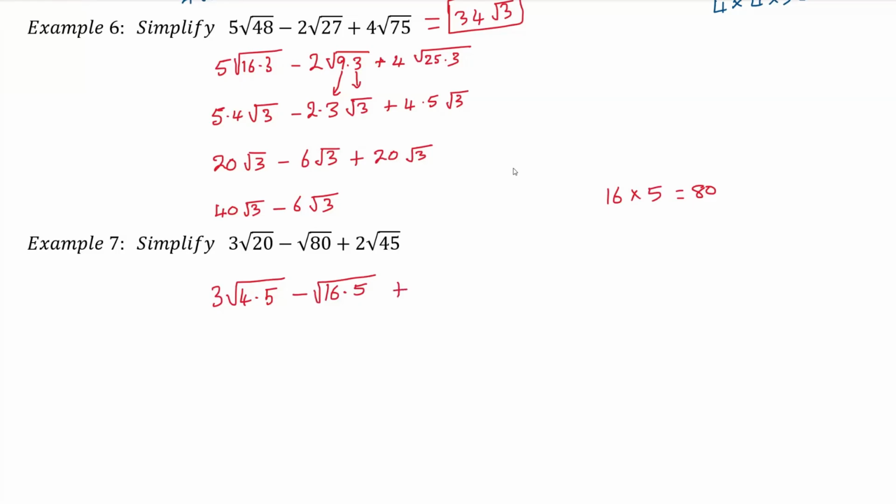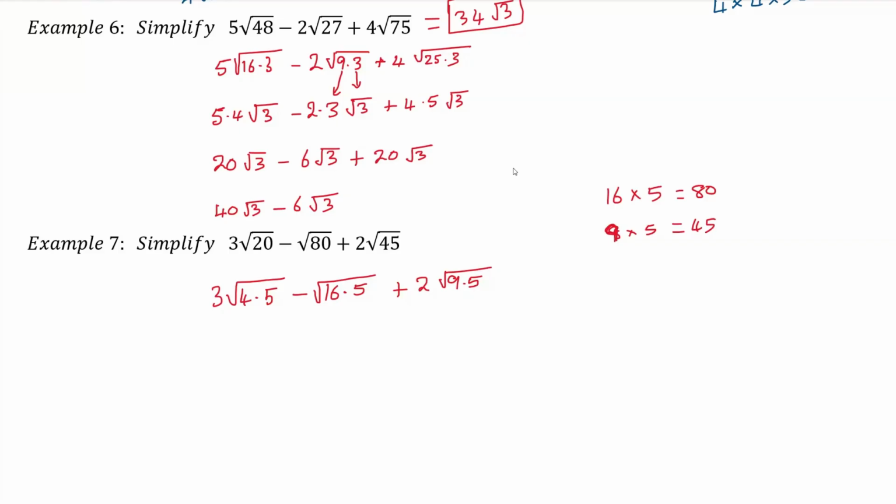And then plus 45. 45 is 9 times 5, sorry. 9 times 5 is 45. So we can write this as 2 times square root of 9 times 5.